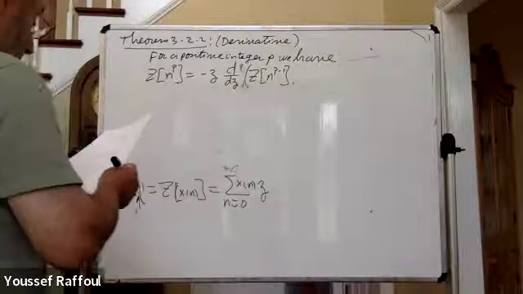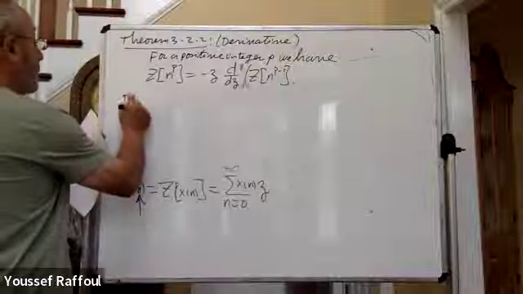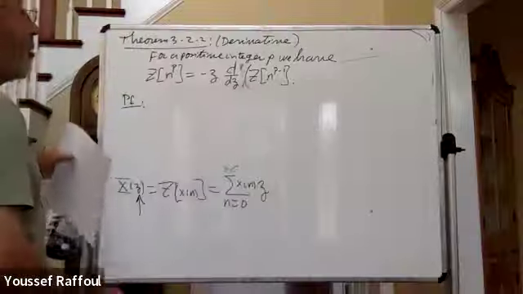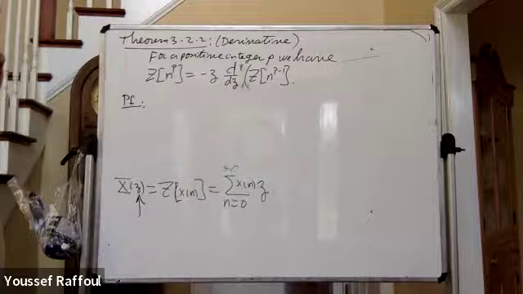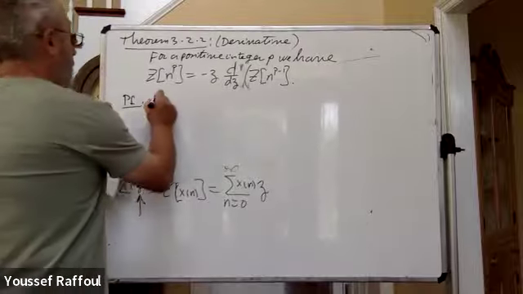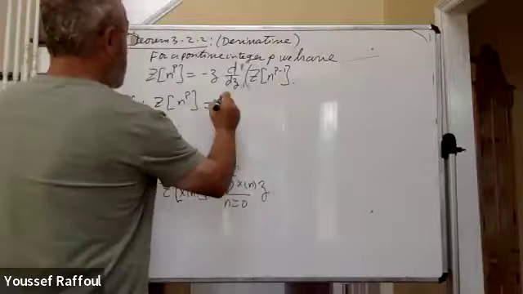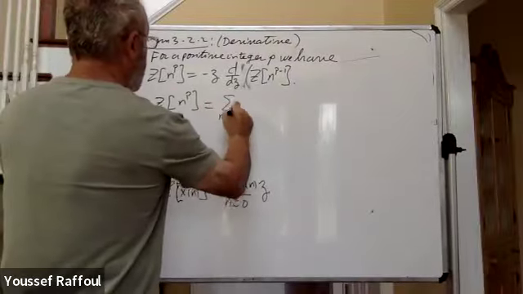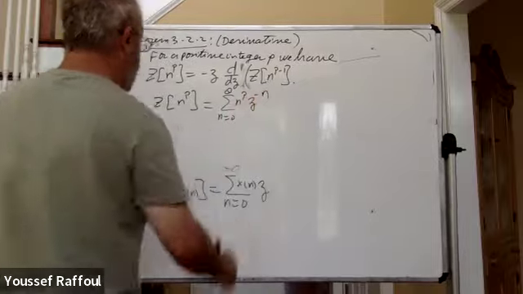All right. Now, here is a proof. What is Z of n^p? It is the sum from n equals 0 to infinity of n^p z^(-n).